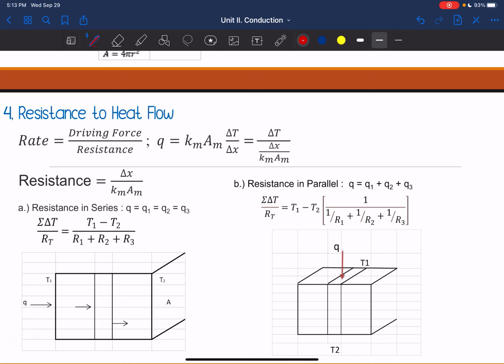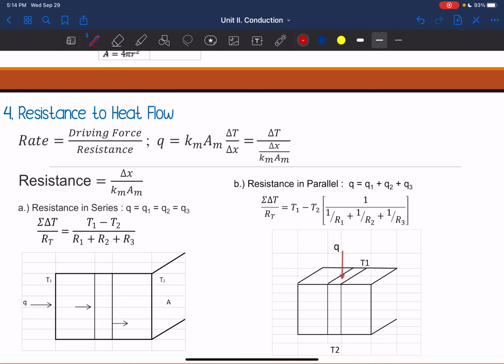So we proceed with resistance to heat flow. Take note that for thermal resistance, we term that as a resistance of a particular medium or system to the flow of heat through its boundaries, and of course it's dependent upon geometry and thermal properties of the medium, such as your thermal conductivity. So we define the rate to be driving force over resistance.